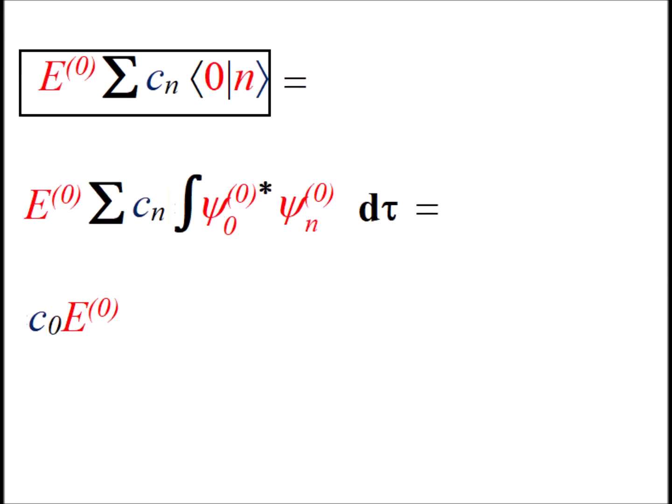So here we pull the energy E₀, being a number, in front of the integral sign, along with the summation sign, and we're left with the integral of ψ₀ star ψₙ. And again, these are going to be orthogonal unless n is equal to 0, in which case, because it's normalized, the integral there is going to be 1. So we simply get c₀ times E₀ for this expression.